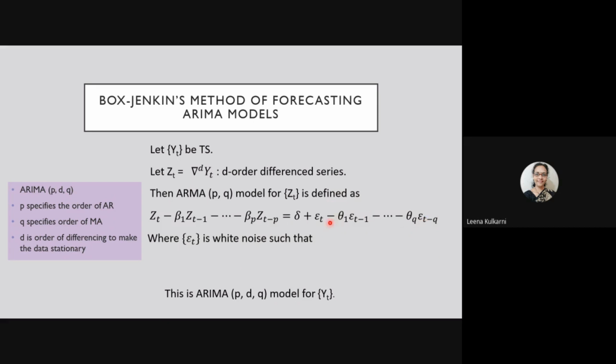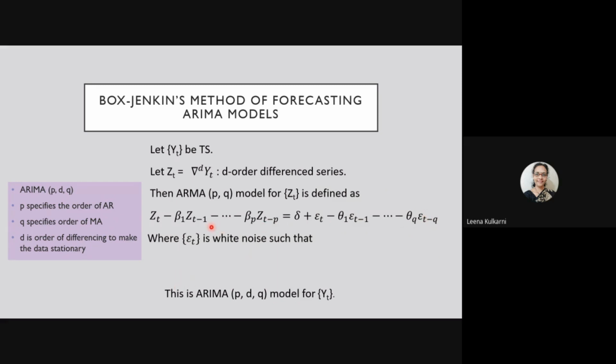So these epsilons are IID random variables. They may not be normally distributed, but if they are, then the epsilon t terms are called Gaussian white noise. Otherwise, the assumption on epsilon t is that they are IID random variables with equal variance.